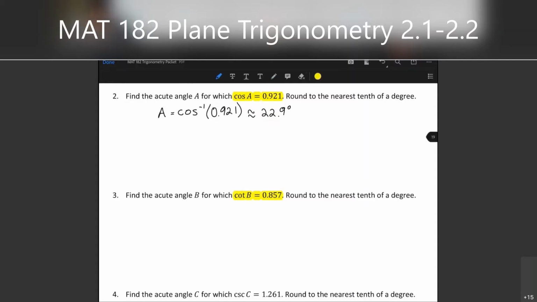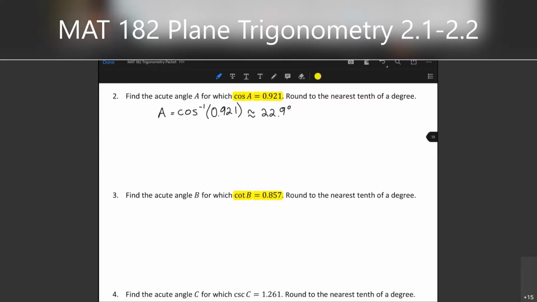Well, the first thing we want to be careful about here is we don't have a cotangent inverse, right? So we have to find a way to navigate not having a cotangent inverse, but we do have a tangent inverse that we just solved with.